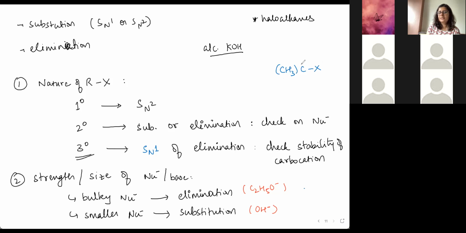But if it is not as simple as that, suppose you have only two and this is also attached to something else, then you need to check which carbocation is more stable. Even in the case of elimination, for which beta hydrogen, you need to bring the Saytzeff rule into the picture. So these are other factors that you need to consider. We'll do some questions so it'll get clarified. So we'll build towards this.